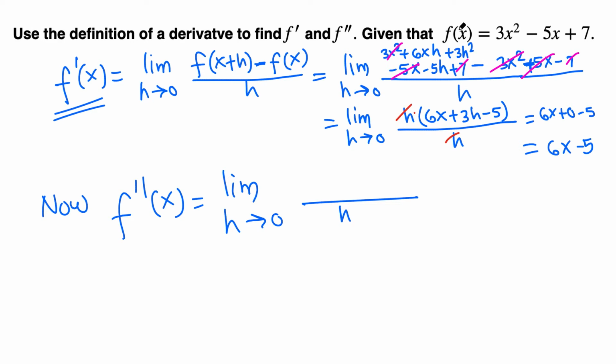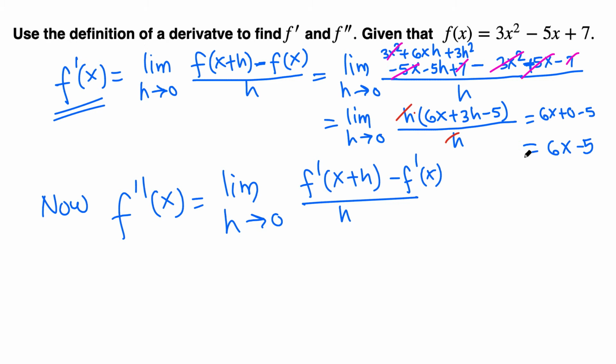Instead of f, now we have f prime minus f prime, or we can rename this function as, let's say, g, and write g there. Same idea if this bothers you.